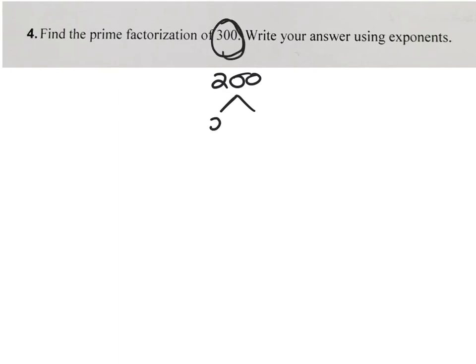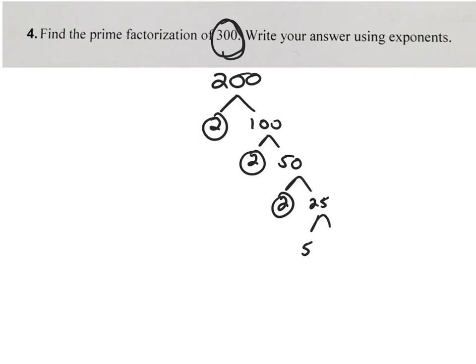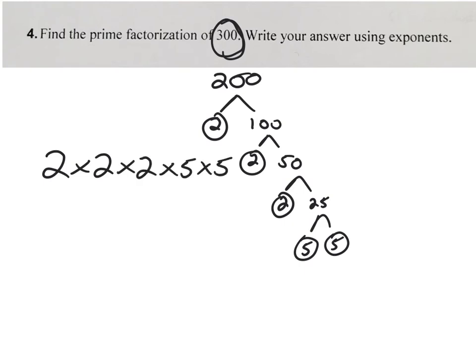So I'm going to show you an example so that you will be able to do 300. So 200 divided by 2 is 100. Keep breaking it down into primes. 2 times 50 is 100. 2 times 25, which is a square number, so we end up with 5 times 5. So our factorization is 2 times 2 times 2 times 5 times 5.